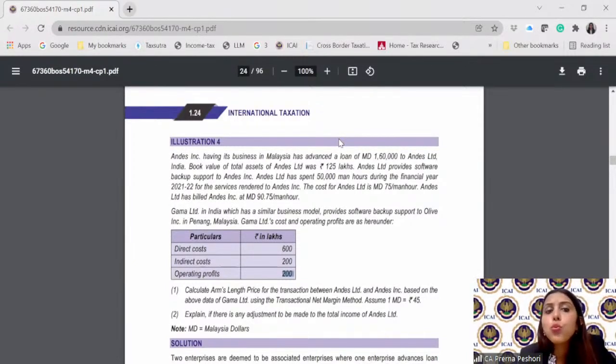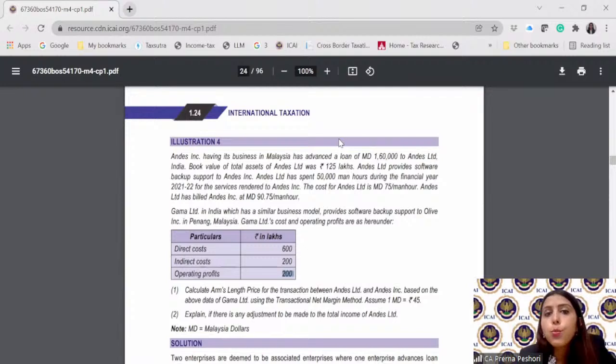So we will take 200 divided by cost, right? We will take the net margin upon cost, the base will be cost. So 200 divided by 800, which is your cost, will give you 25%. 800 is your total cost. So 25% is your normal net margin.